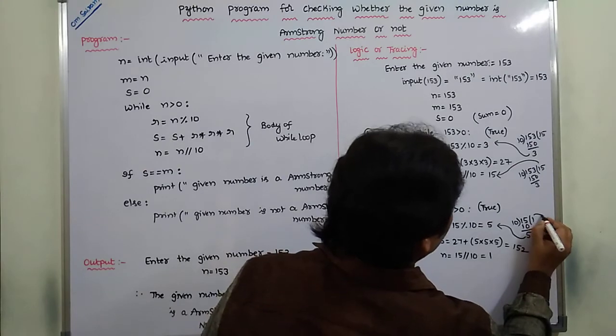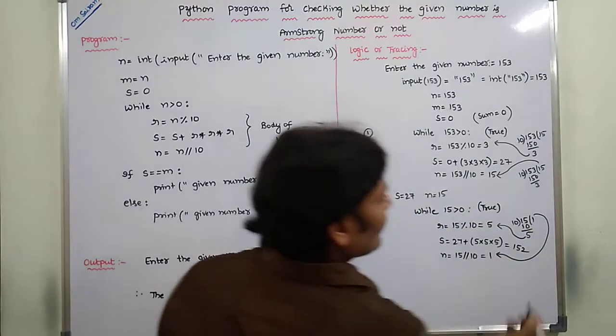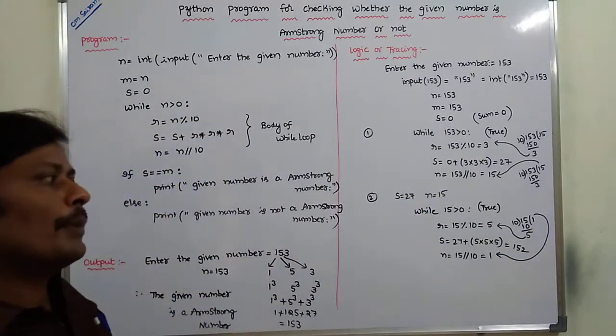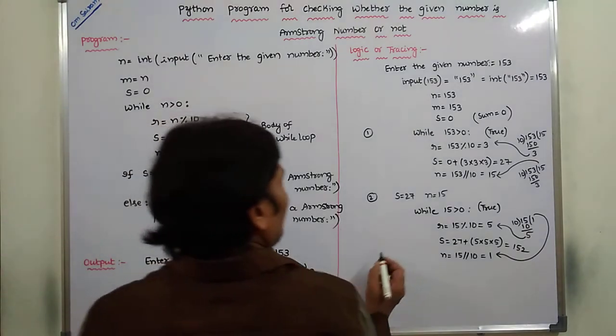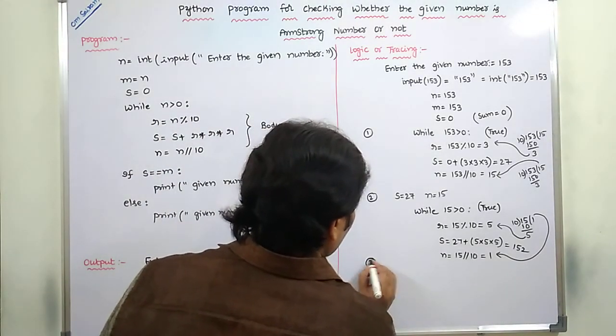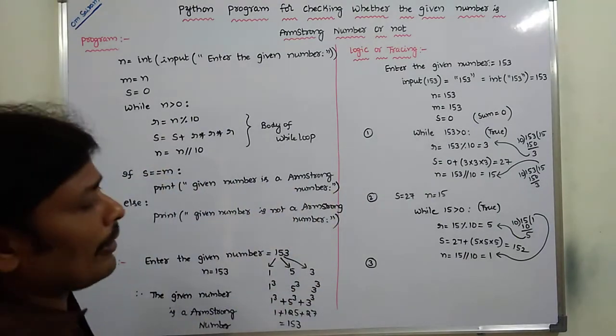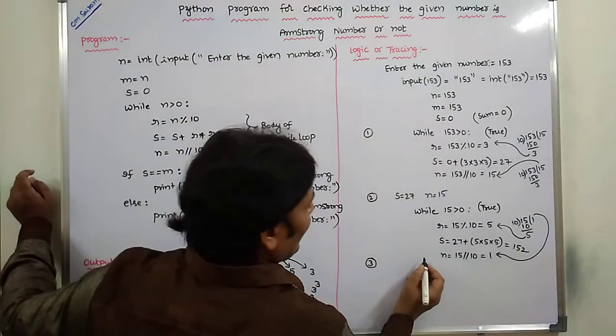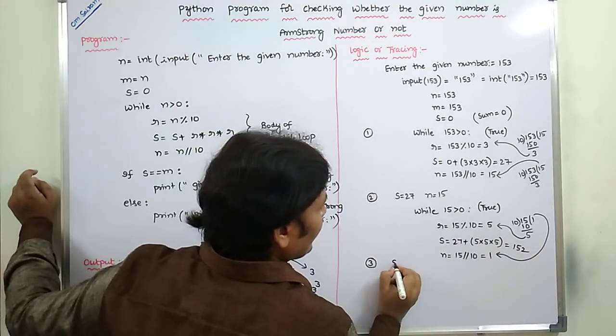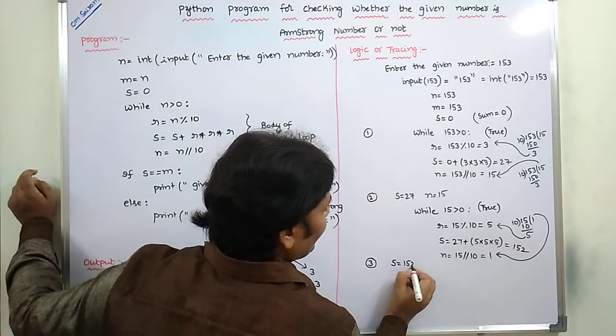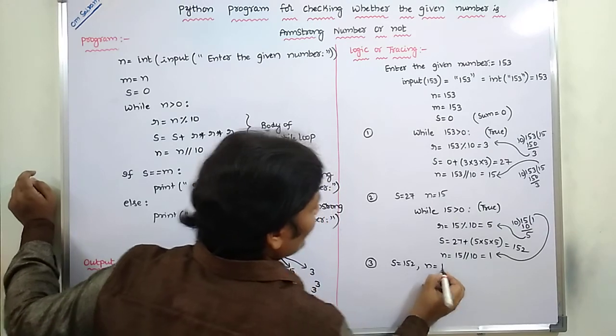This quotient value is 1. Next we go to the third iteration, because the condition is not false. After completing the second iteration, s is equal to 152 and n is equal to 1.